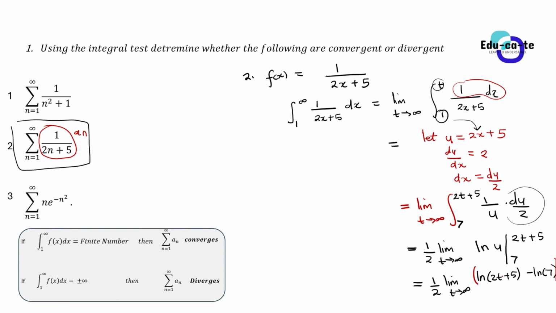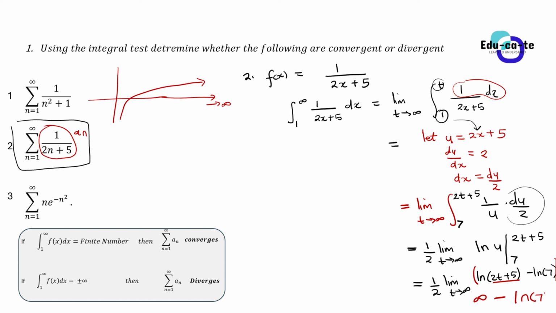Remember that ln is the natural logarithmic function, and you must know its behavior: as the x values increase or approach infinity, the function itself also approaches infinity. So here the ln, as t becomes bigger and bigger, is just going to give us infinity. And then ln of 7 is a constant, and the limit of a constant is just going to give us ln 7.